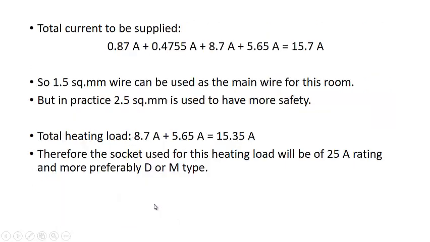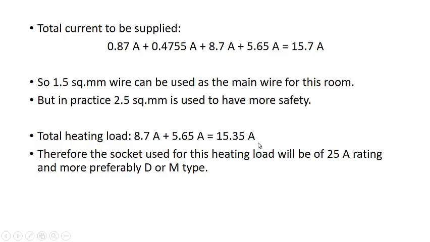So when the current is half, the total current to be supplied will be much smaller than this calculated one. In that case, 15 ampere also will suffice, because when the voltage is exactly equal to the rated voltage, the current is just touching the current carrying capacity of the socket. But when the voltage is half, the current will be half. So a 15 ampere socket will suffice in that case.